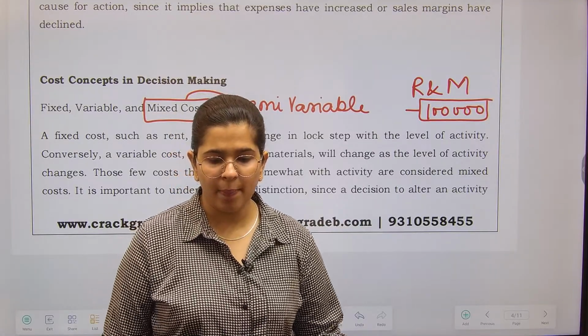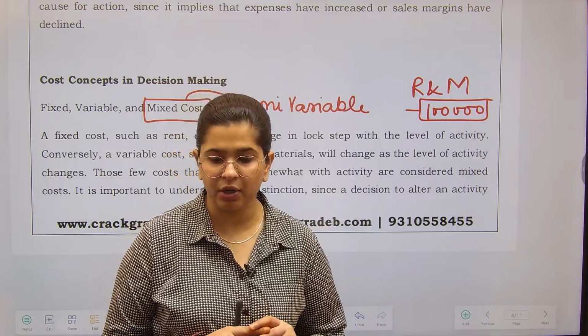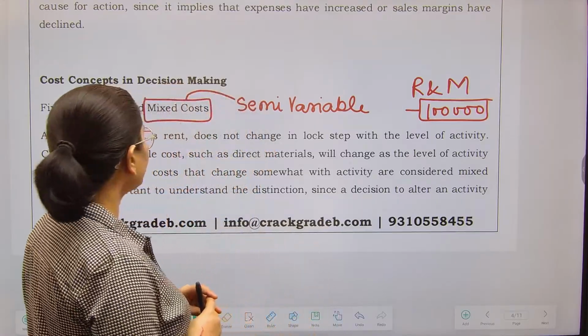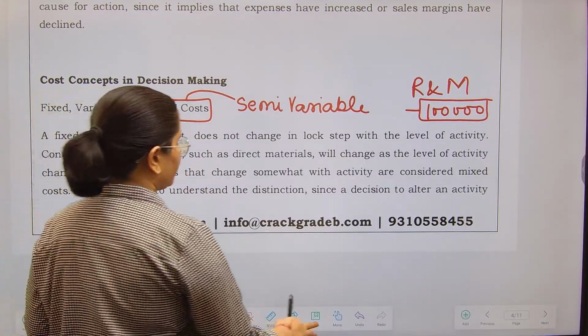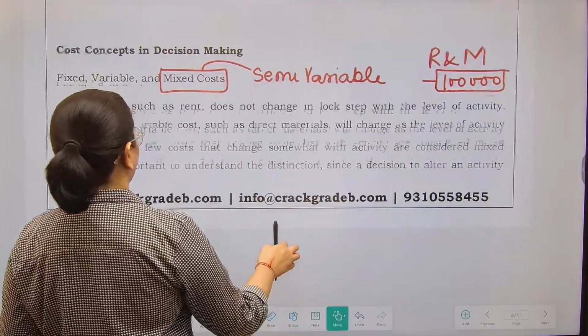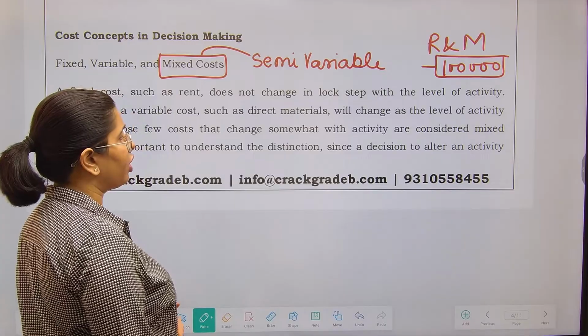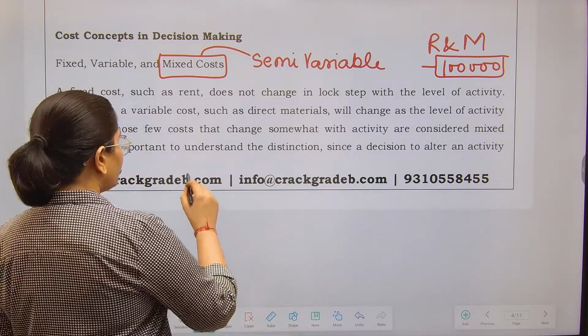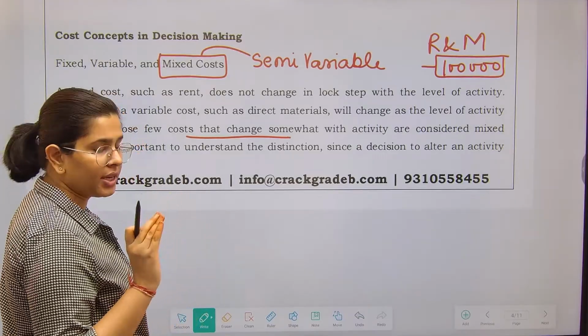Okay, so I'm hoping that you are understanding this particular point of semi-variable cost as well. So a fixed cost such as rent does not change with the level of activity. Conversely, variable cost like direct material will change with the level of activity. ठीक है? Those few costs that change somewhat, मतलब थोड़ा बहुत change होंगी.